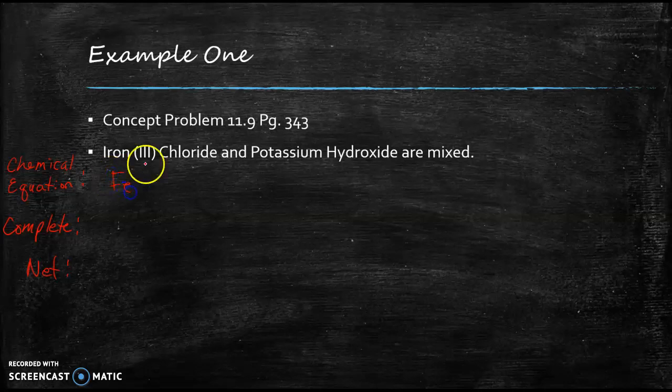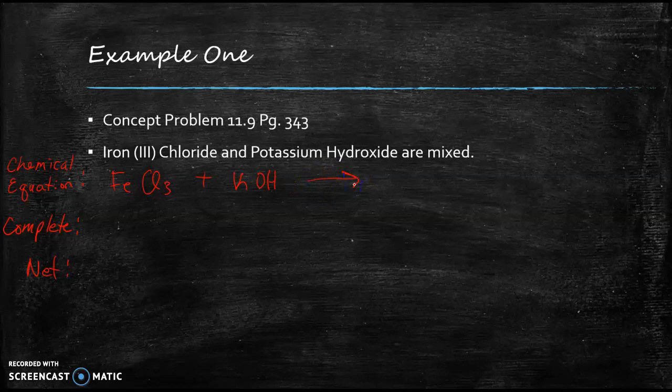Iron, with its positive 3 charge, bonds to chlorine. We need 3 chlorine because we have a negative 1 charge. Potassium hydroxide. Potassium is representative with a positive 1 charge. Hydroxide is our polyatomic with a negative 1 charge. They're balanced.